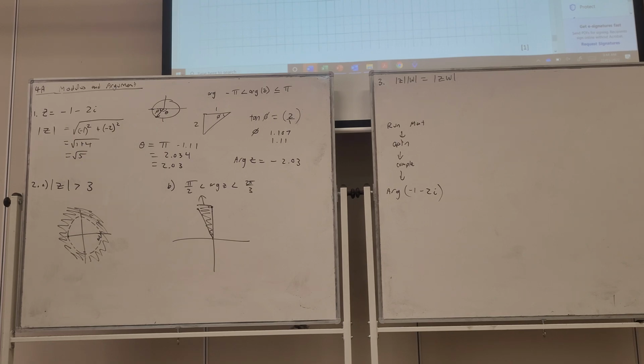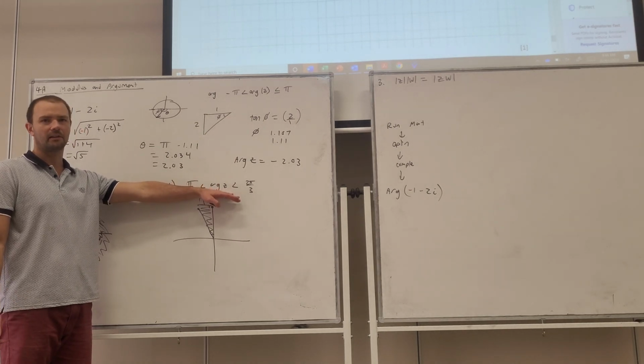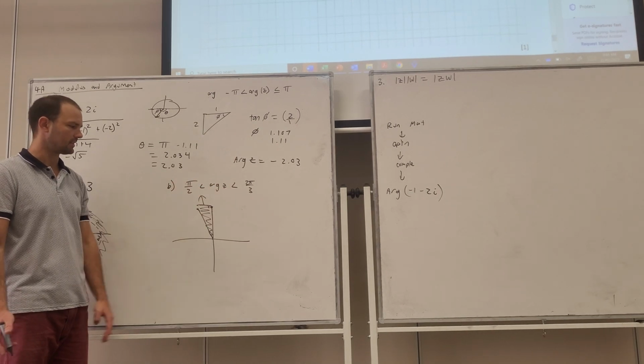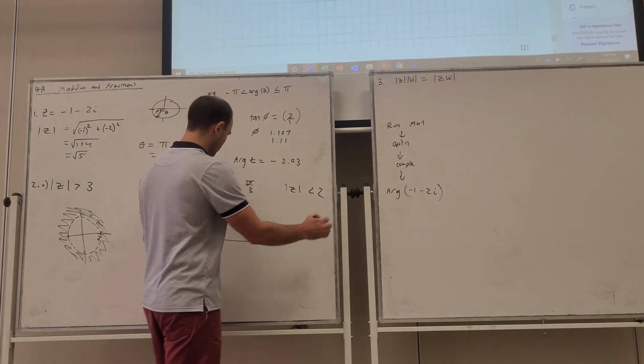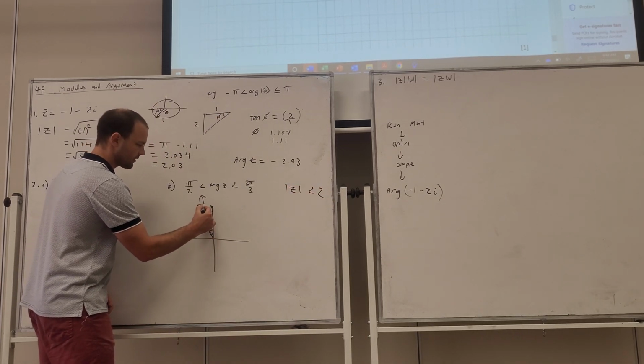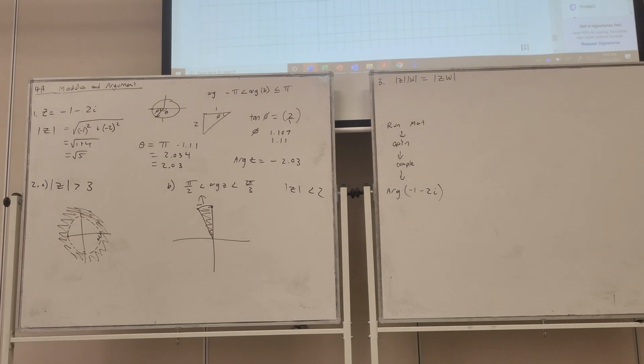We don't have a limited modulus. Occasionally you'll have both. You'll have a ray and a limited modulus. You might say something like, and that the modulus of z is less than 2. So we could restrict it so that the radius of this arc is less than 2. Okay, let's move on to 3. We've seen this stuff before.